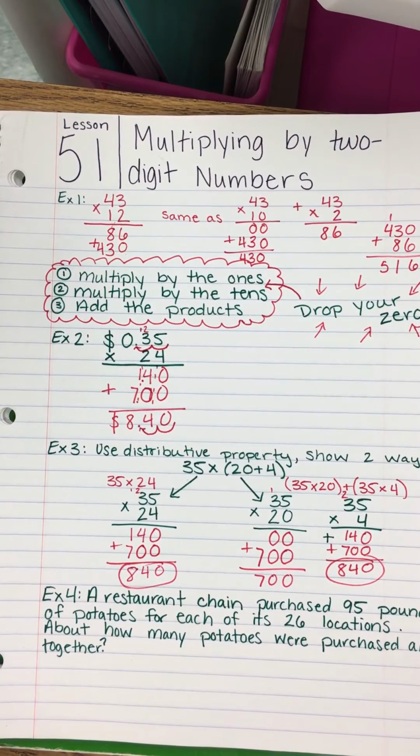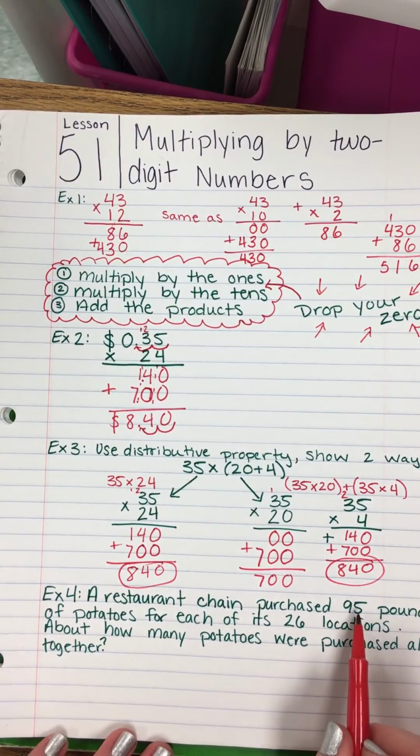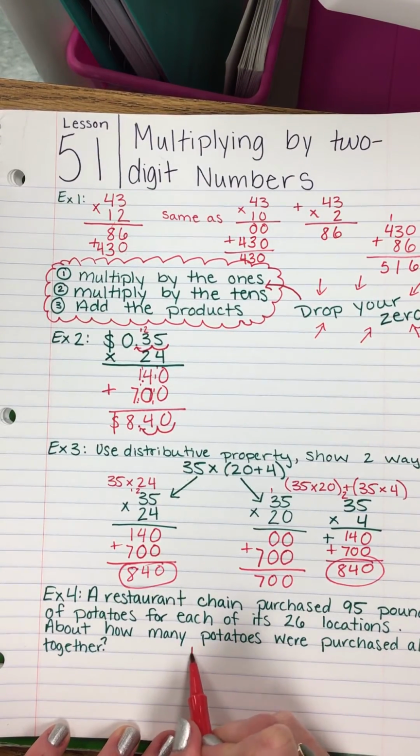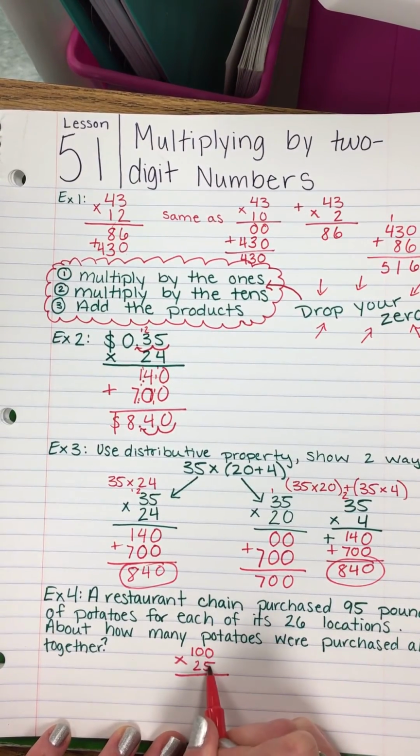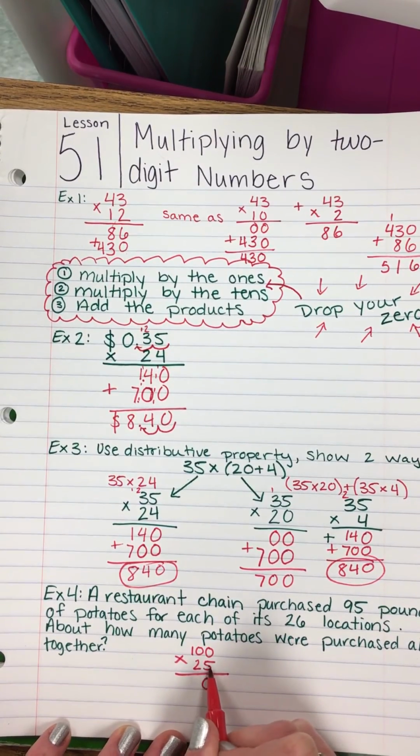And example 4. A restaurant chain purchased 95 pounds of potatoes for each of its 26 locations. About how many potatoes were purchased all together? So we're going to say this is about 100, and we're going to say that's about 25. 0, 0, 5.